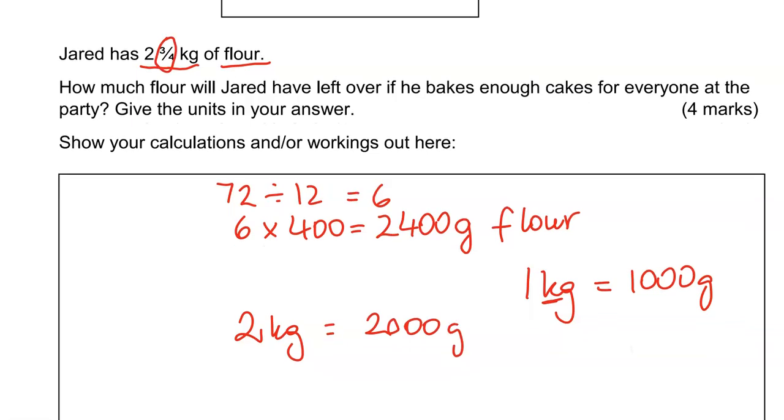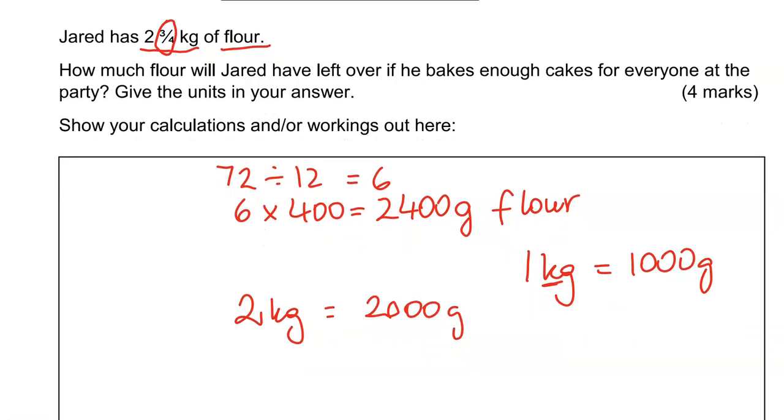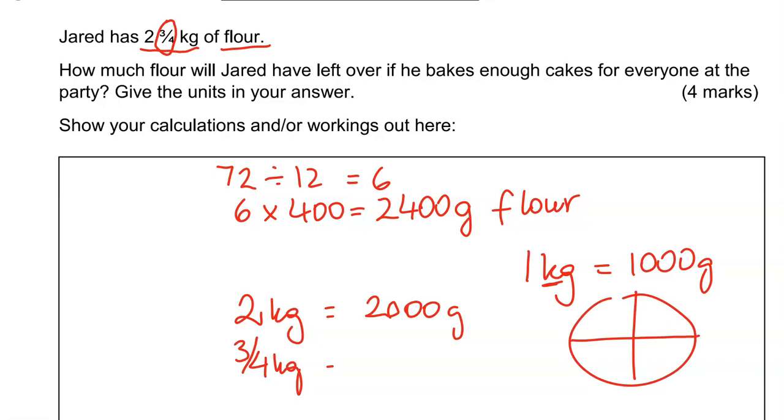3/4 of a kilogram. Let's have a look. So if this whole thing is 1 kilogram or 1,000 grams, then half will be 500, half of that will be 250.